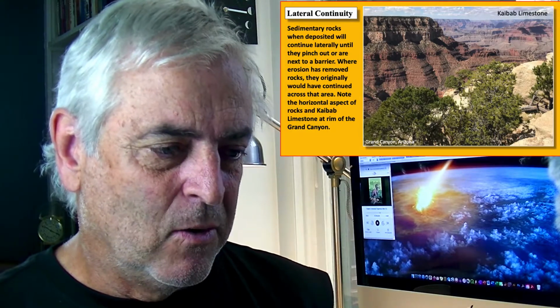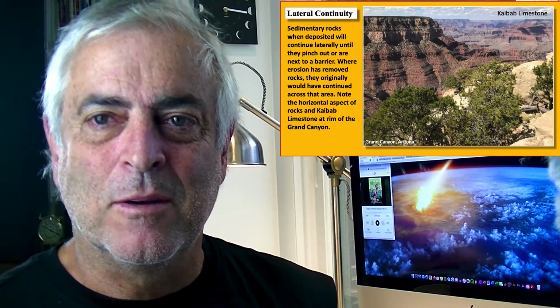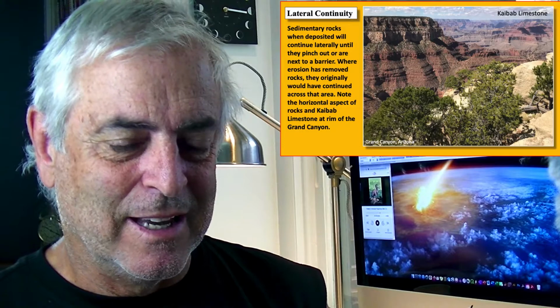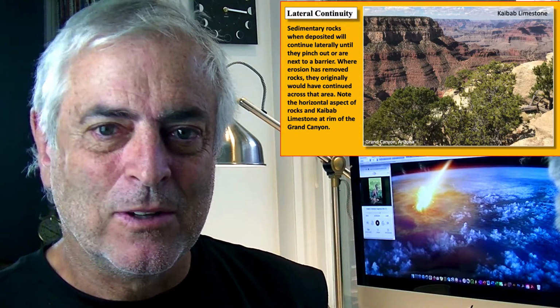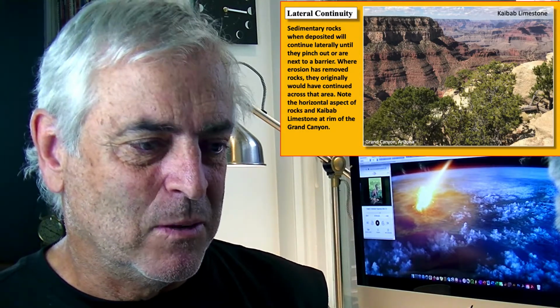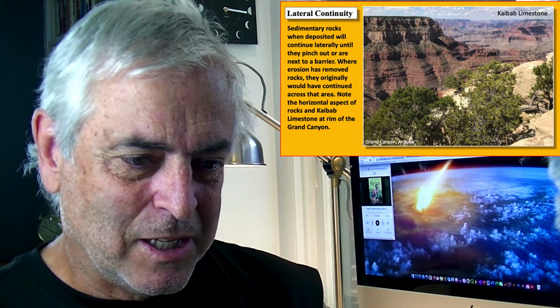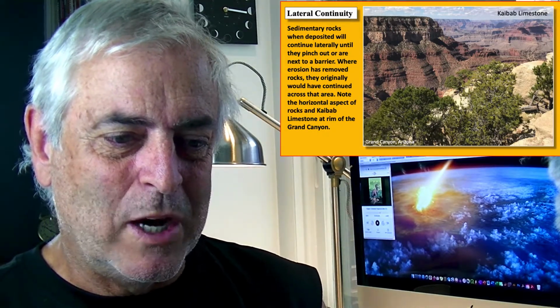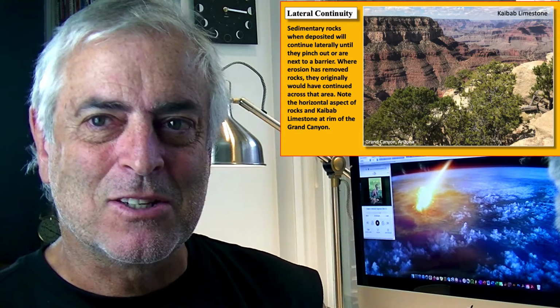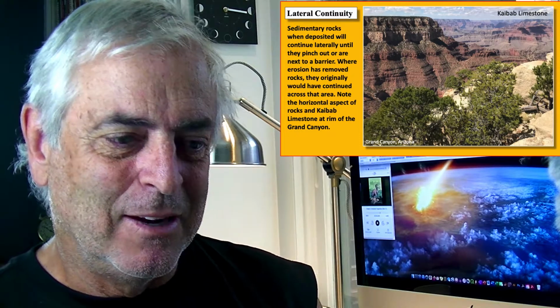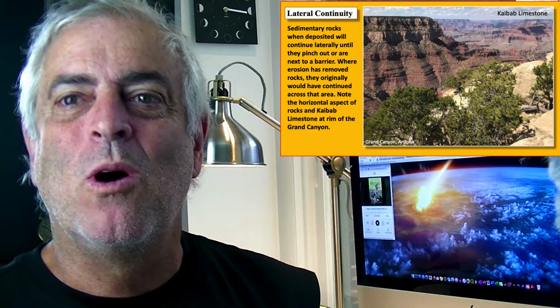Now, what's interesting here? Okay, the lateral continuity concept that Steno gave us, he says that these things will go on forever until they either hit a barrier or they peter out in some way. In this image, you can actually see the Kaibab limestone. You can trace it all the way across that canyon. So the canyon itself has to be much, much younger than what the rocks are that make up the walls of the canyon, right?